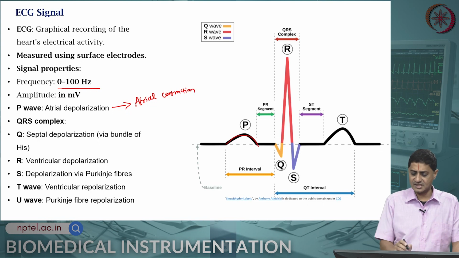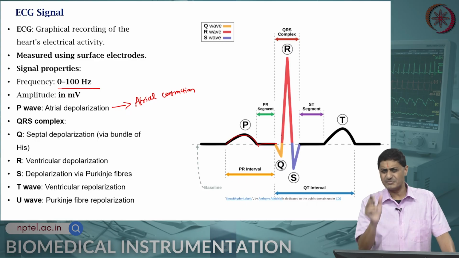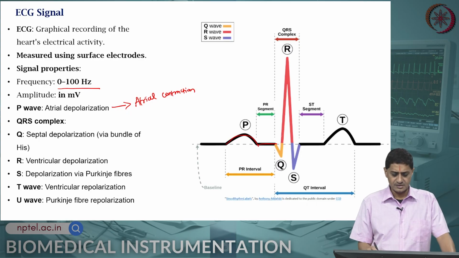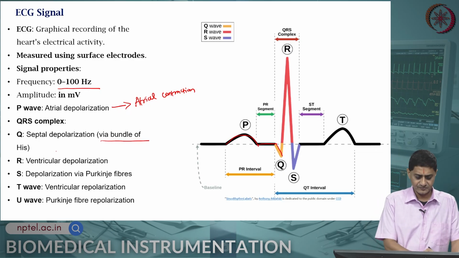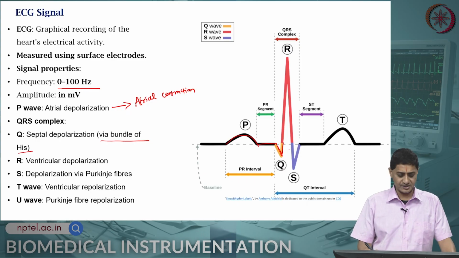This atrial contraction is then followed by a brief period of lull or rest, a very brief period of rest, followed by septal depolarization via the bundle of His, followed by the beginning of the ventricular depolarization.